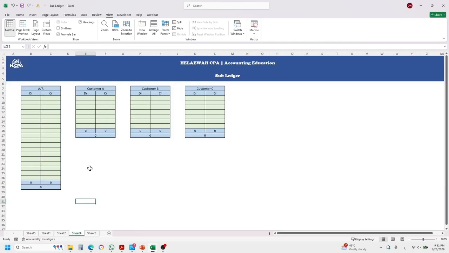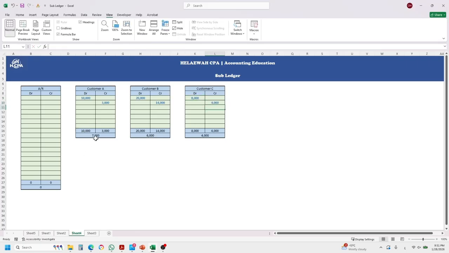Moving to accounts receivable, same methodology. Customer A owes us 10,000, he pays 3,000. Customer B owes us 20,000, he pays 14,000. Customer C owes us 8,000 and he pays 4,000.